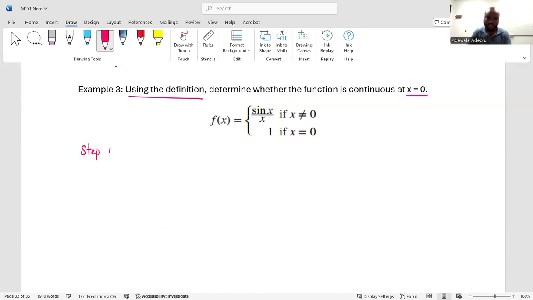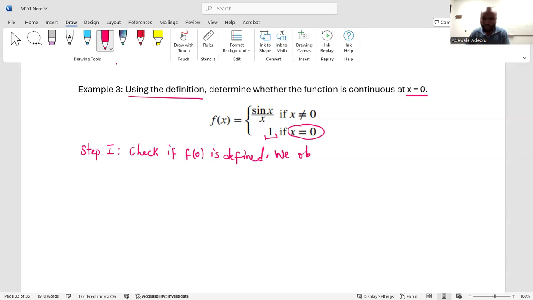Step 1, we need to check if f of 0 is defined. Again, this is a piecewise function. This is where x is 0 and it is 1. It is a constant function there, so it is defined.